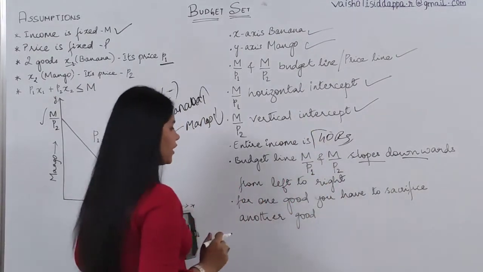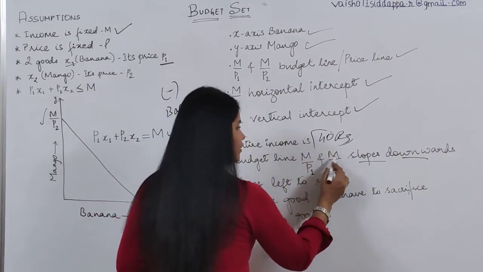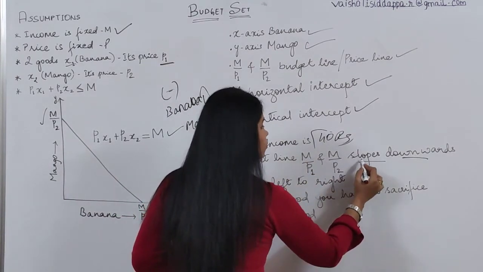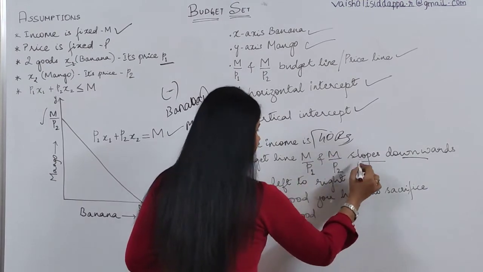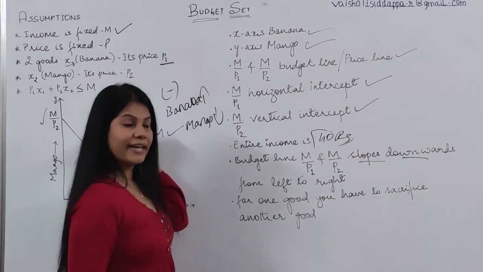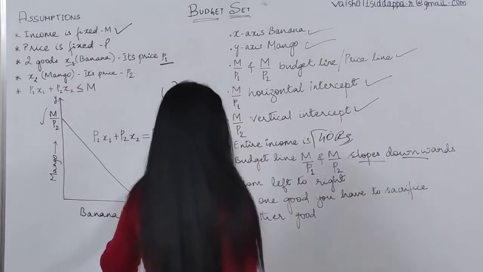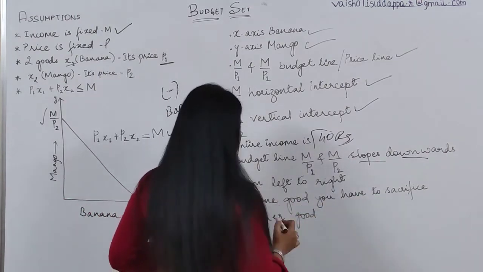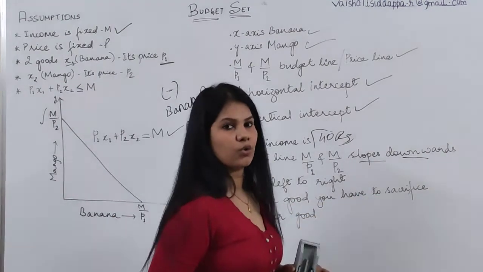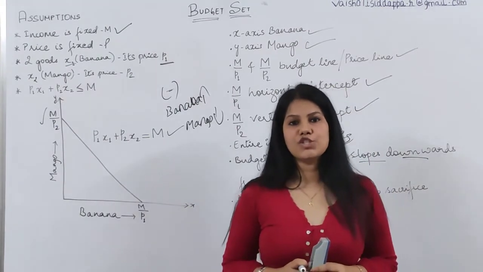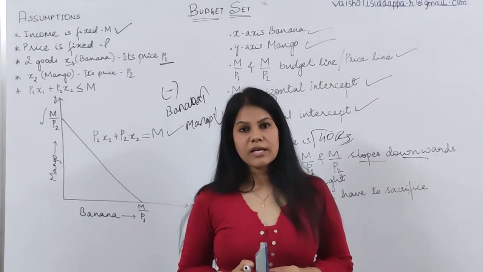That is what I am trying to say here. The budget line, M by P1 and M by P2, slopes downwards from left to right as a straight line. For one good, you have to sacrifice another good, because the income a consumer has is very much limited.